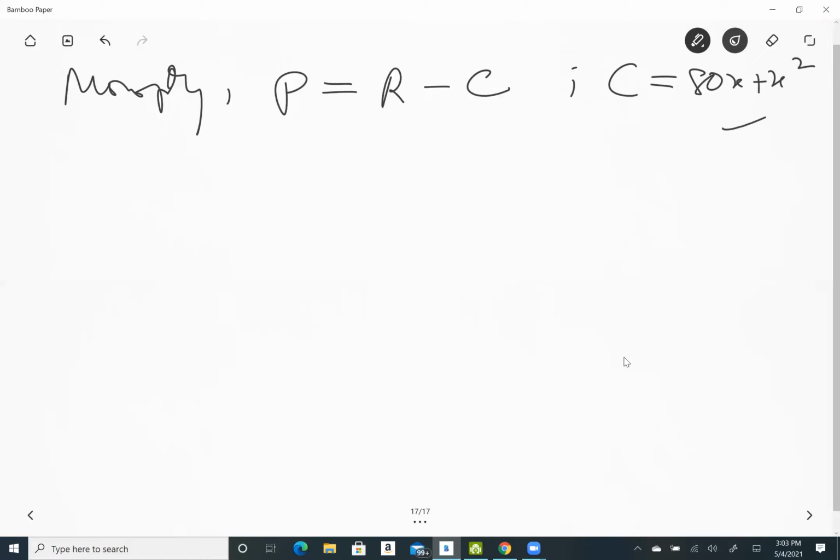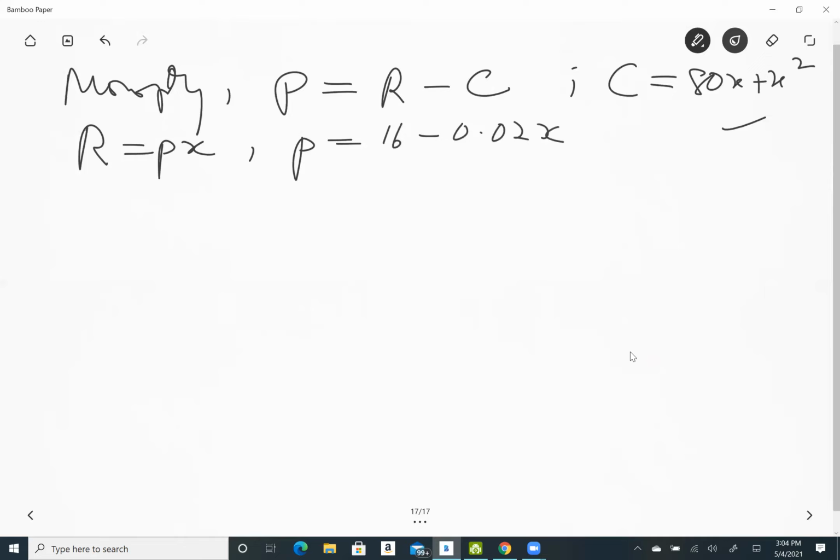And suppose revenue is equal to PX, and we are looking at the monopoly market, and the price for which we get the revenue. Let's use the one that we have earlier. The price equal to 16 minus 0.02x.